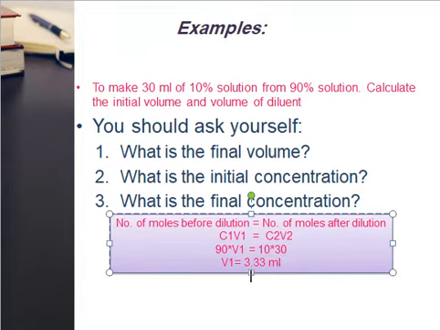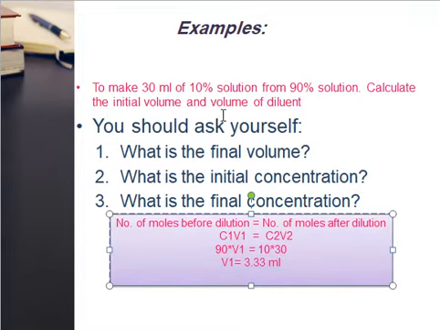So the volume of diluent is calculated by subtracting the initial volume from the final volume, which means 26.6 ml.